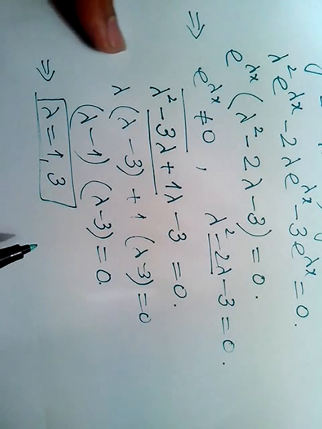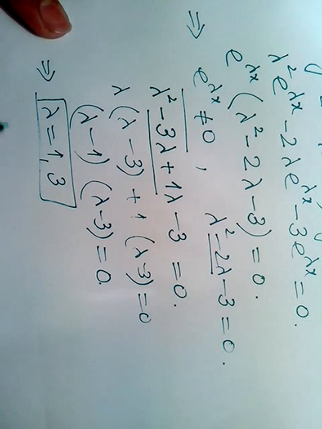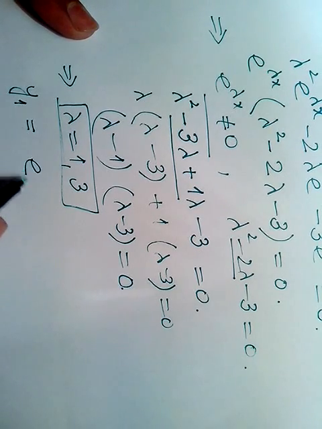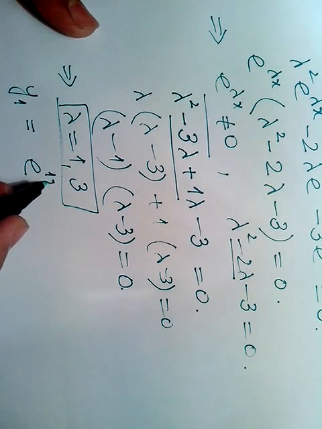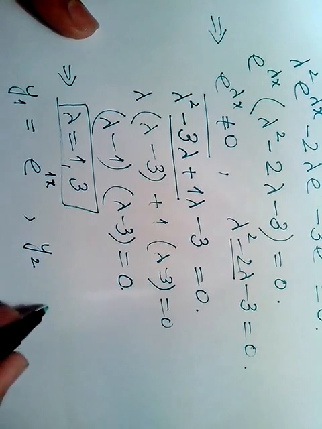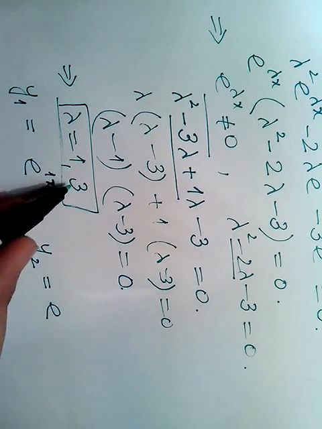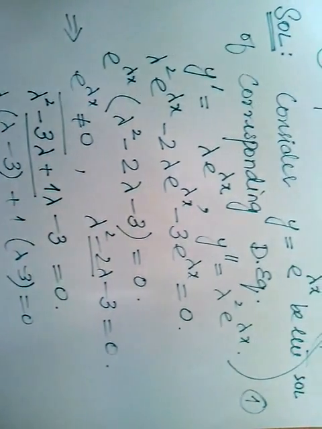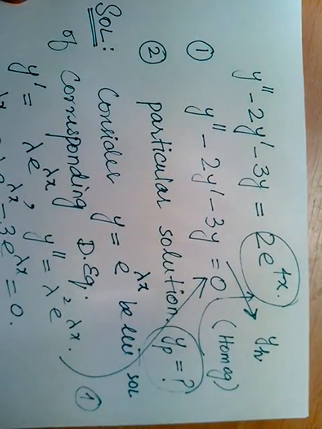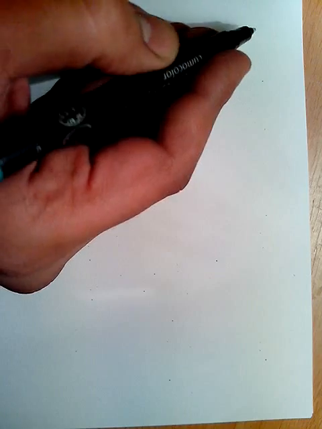So the fundamental solutions of the differential equation 1 are y1, the first solution, e raised to power lambda x with lambda equal to 1, so e to the x, and the second solution e raised to power lambda x with the second lambda as 3, so e to the 3x. Since y1 and y2 are two solutions of the given homogeneous differential equation, the linear combination is going to be a solution as well.